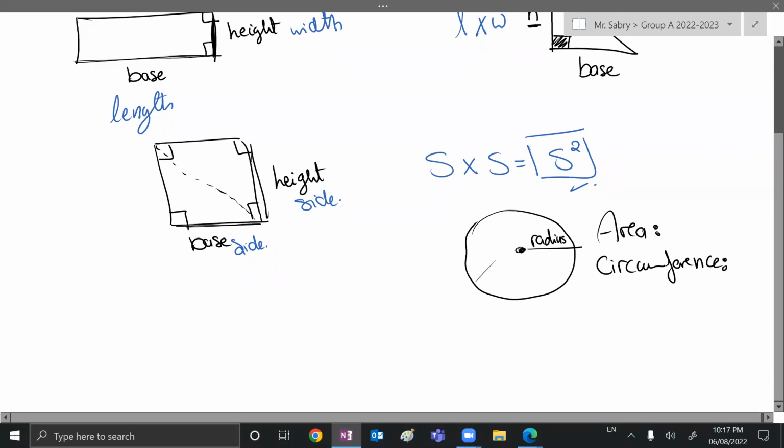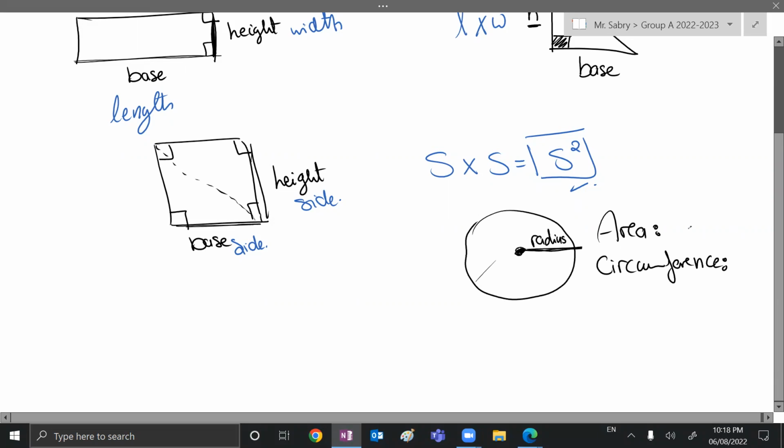The radius is the measure from the center of the circle until the circumference of the circle. So what's the circumference? The circumference is this line that's rotating around. The edge of the circle itself is what we call the circumference. The length of this edge is what we call the circumference.